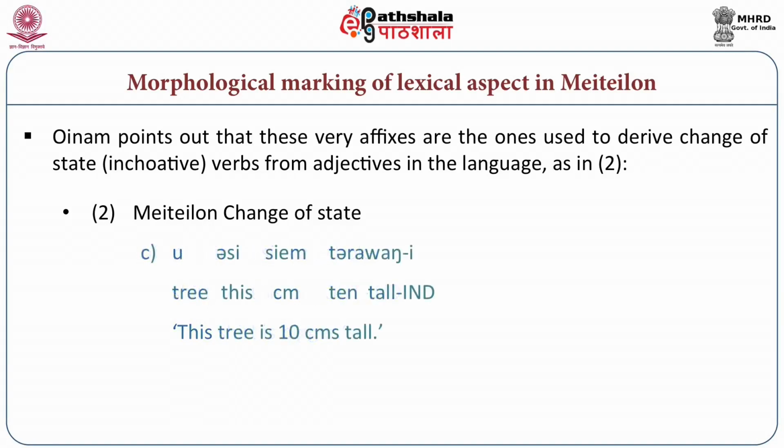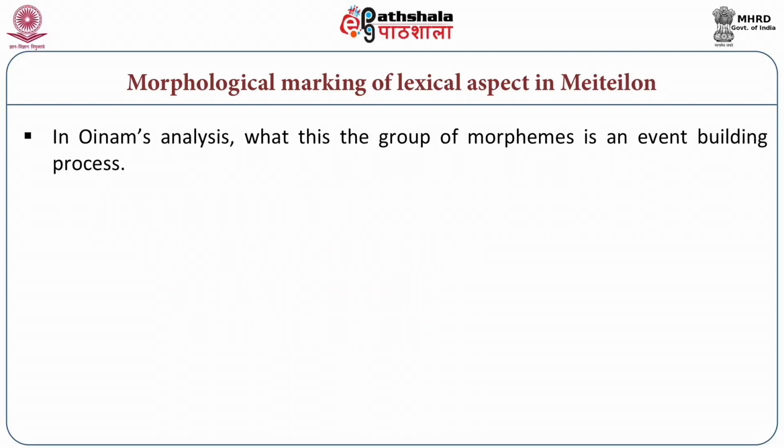If you have a description of a property like tall, then you will have the predicate wang. To state that something has grown, it is wang plus khat. In Oinam's analysis, what this group of morphemes do is an event building process.